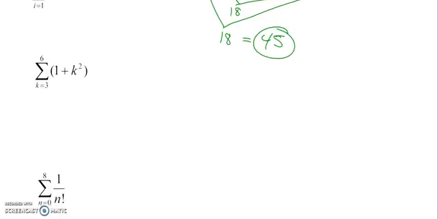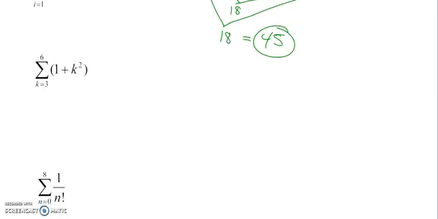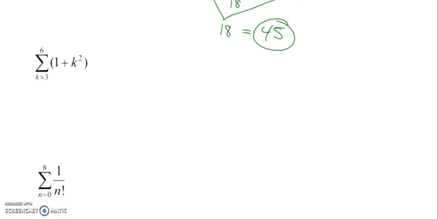Here, I'm asking for the third, fourth, fifth, and sixth terms added together. So I'm going to need to start with the third term, 1 plus 3 squared. That's going to get me the term 10. My fourth term in the sequence, 1 plus 4 squared, is going to be 17. 1 plus 5 squared is going to be 26.